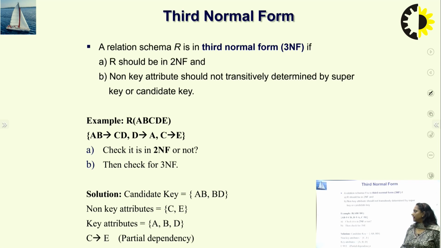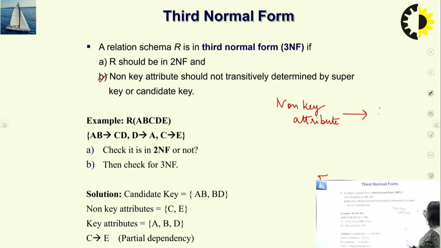So we'll understand this point B. This says a non-key attribute should not determine a non-key attribute. Now please understand this with the help of an example.